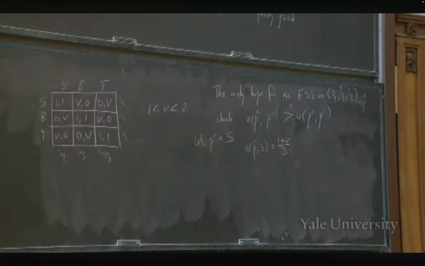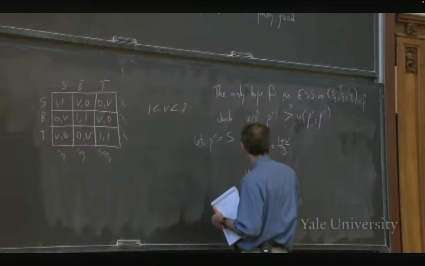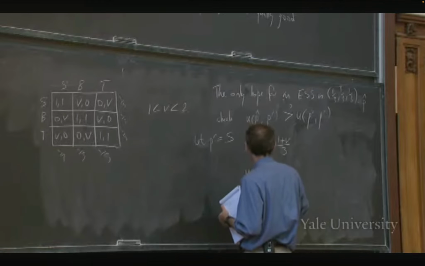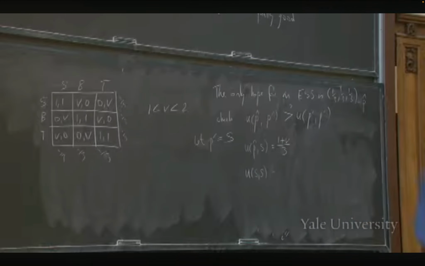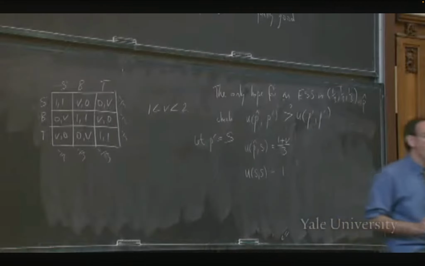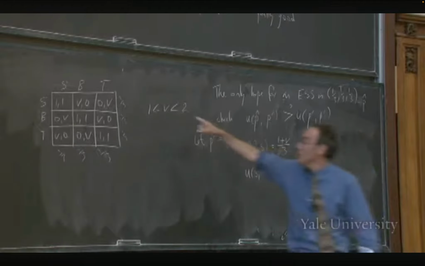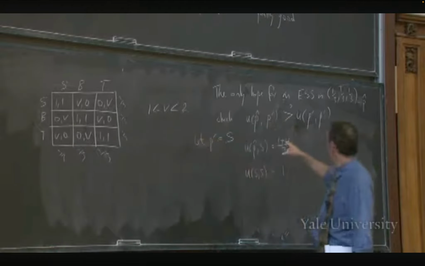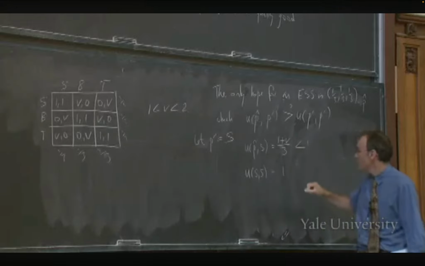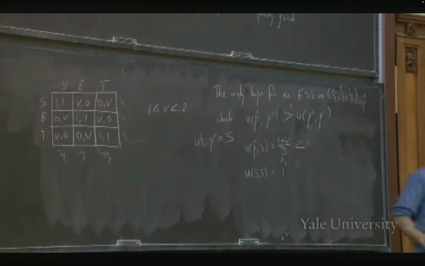All right, how do we do if we're scratch against scratch? The payoff of scratch against scratch is what? 1. Which is bigger, (1 plus v) on 3 or 1? Well, look, v is less than 2, so (1 plus v) on 3 is less than 1, so 1 is bigger.